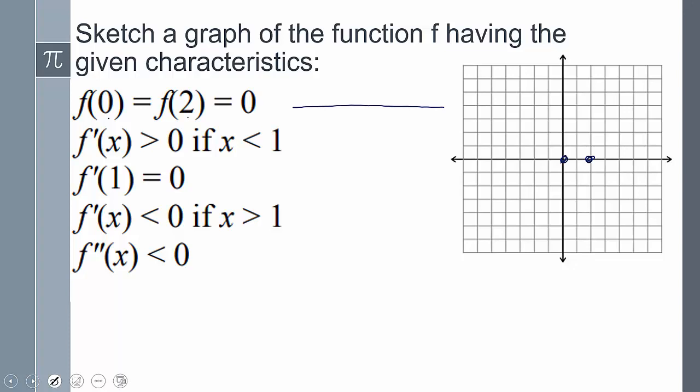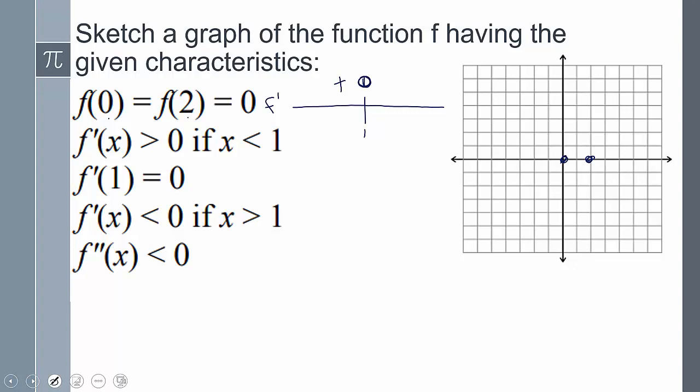Then the second piece. Let's look at my first derivative, because that's what this is relating to. My slope is positive when x is less than 1. At 1, f prime of x is 0.